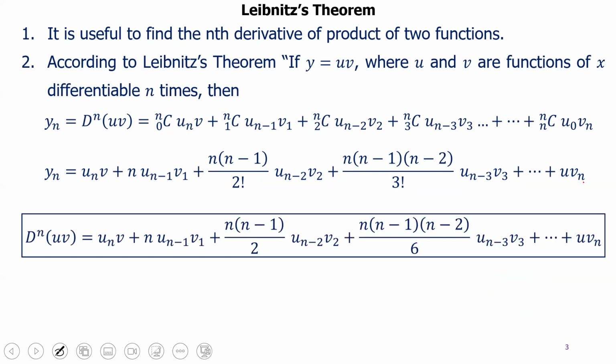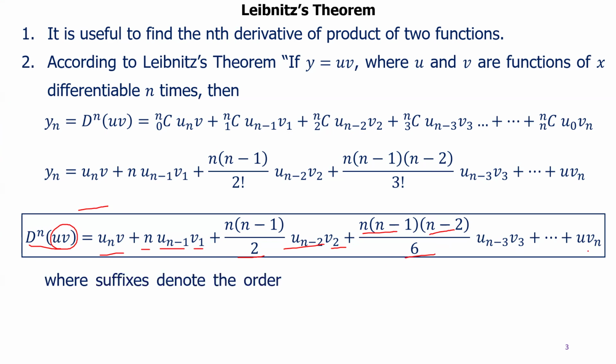Or we can write the nth derivative of the product of two functions uv as u_n v plus n v1 u_(n-1) plus n into (n minus 1) upon 2 u_(n-2) v2 plus n into (n minus 1) into (n minus 2) upon 6 into u_(n-3) v3 and so on.